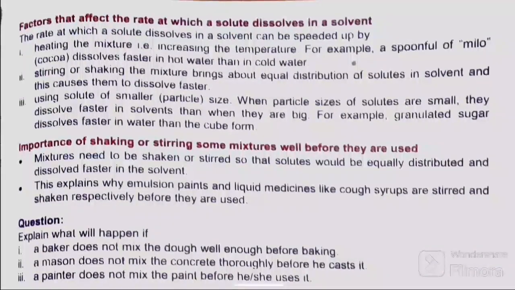Why? Because it has a smaller size, so it dissolves faster than when it is big. For example, granulated sugar dissolves faster in water than the cube form of sugar.